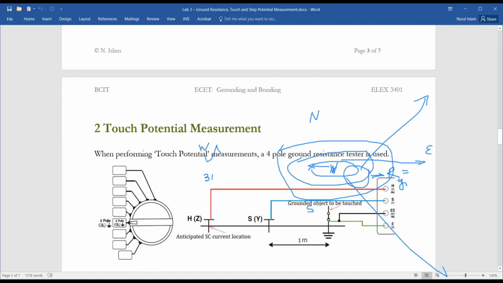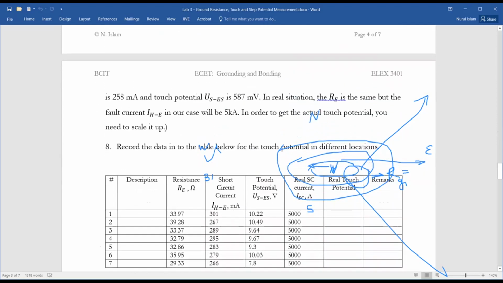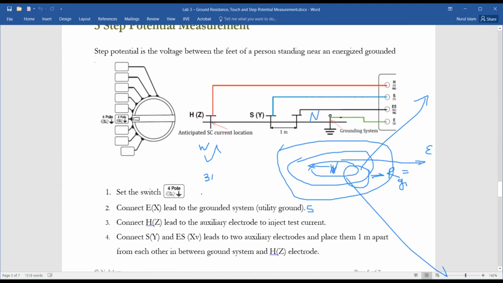Okay, when in any area we'll put those 2 electrodes. Here you can see these 2 electrodes 1 meter apart from each other, and we'll measure the voltage, and the voltage difference between these 2 electrodes is basically the step voltage or step potential.